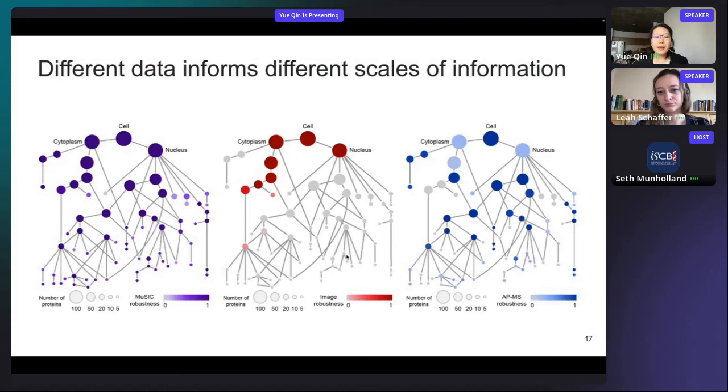So by integrating with imaging information, we can identify those that maybe are assigned a lower p-value in the APMS but still carry biological significance, and also identify the ones that seem robust and strong, with a high p-value in the APMS, but potentially don't really have much biological meaning.